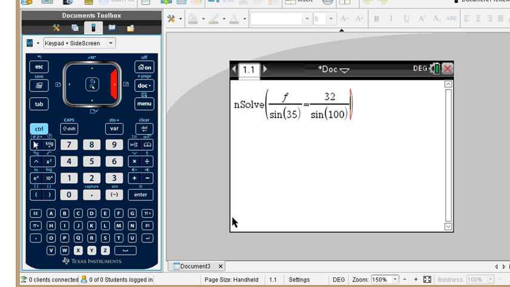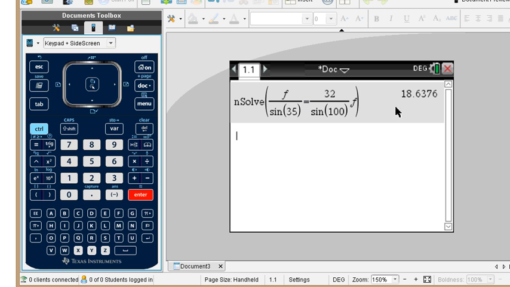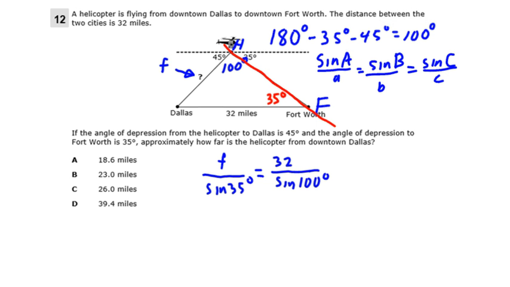And we go here, first comma, and F. And we get 18.64 miles, we'll call it, to the 100th place.